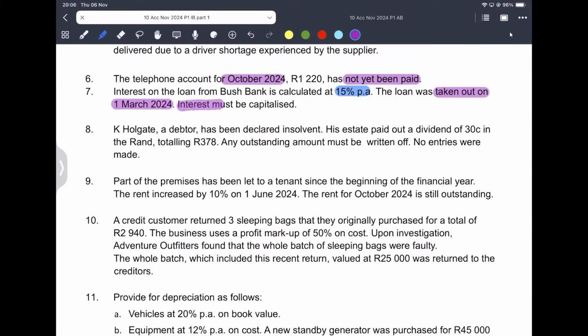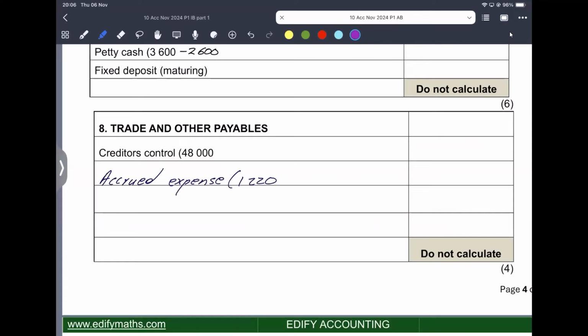Interest must be capitalized. When interest on loan has been capitalized, any outstanding interest will not result in accrued expense. The outstanding interest will be added straight into your loan expense account.